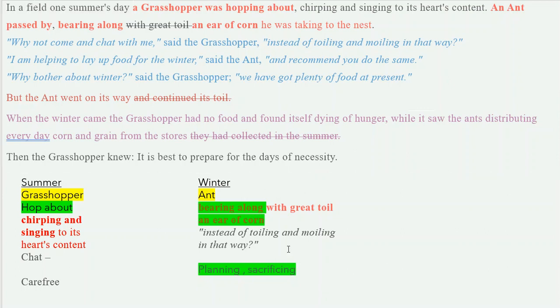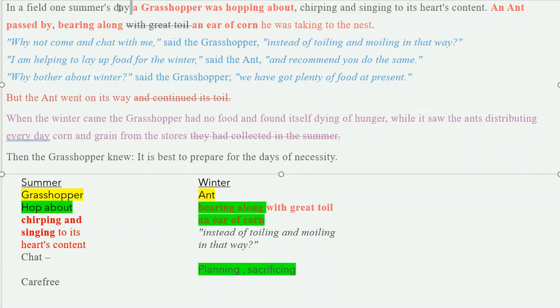So what are we learning so far? We are learning that words like "in a field one summer's day," "chirping and singing," were needed. They were needed because they communicated the feeling of joy and relaxation, right? So they were adding emotion to the sentence.